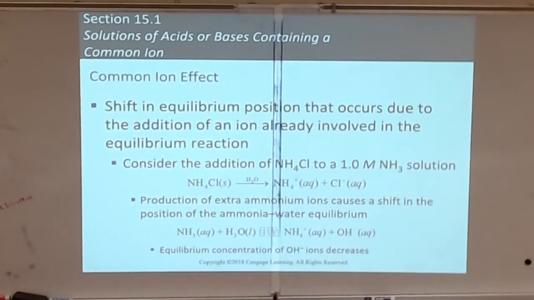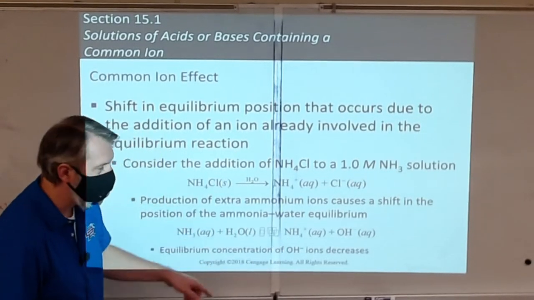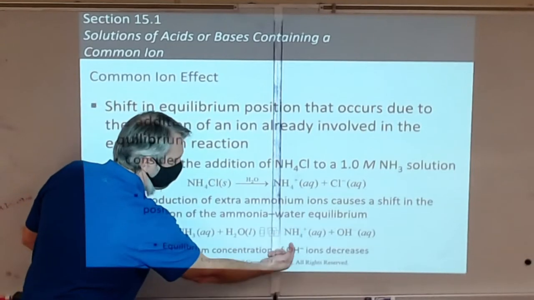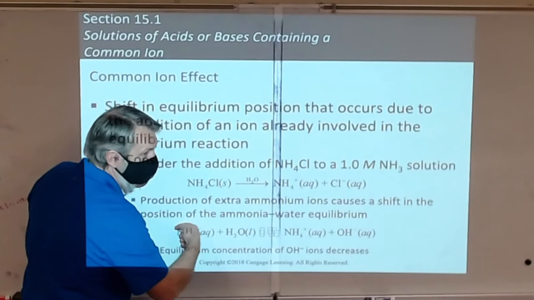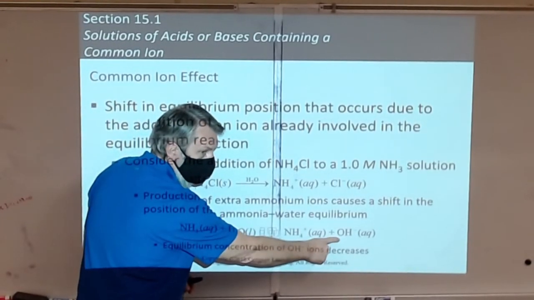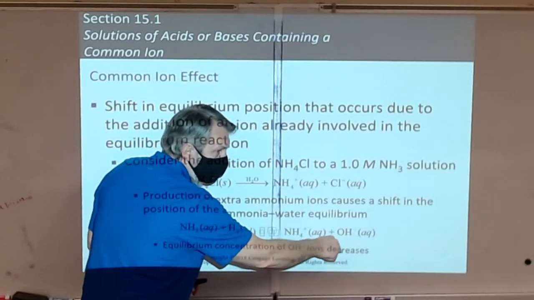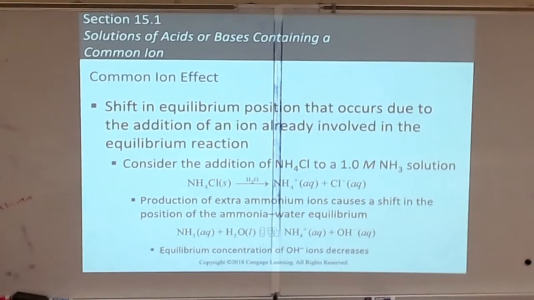If I increase this, what happens to this reaction? It shifts back left. If it shifts left, what does it do to the hydroxide ion concentration? Decrease it. If I decrease the hydroxide ion concentration, what happens to the pH? It decreases the pH.